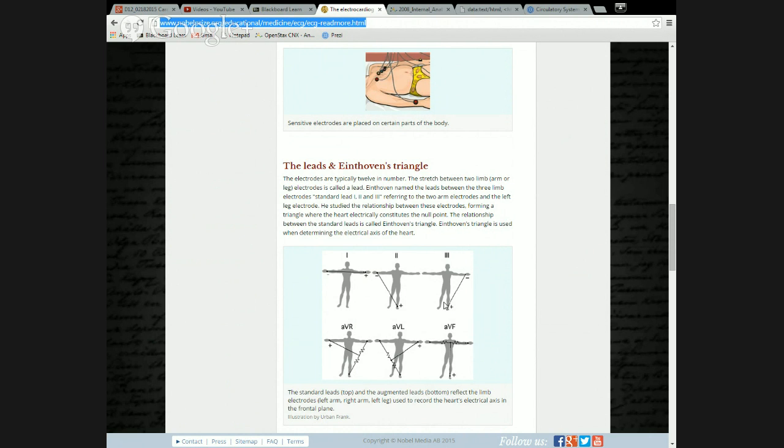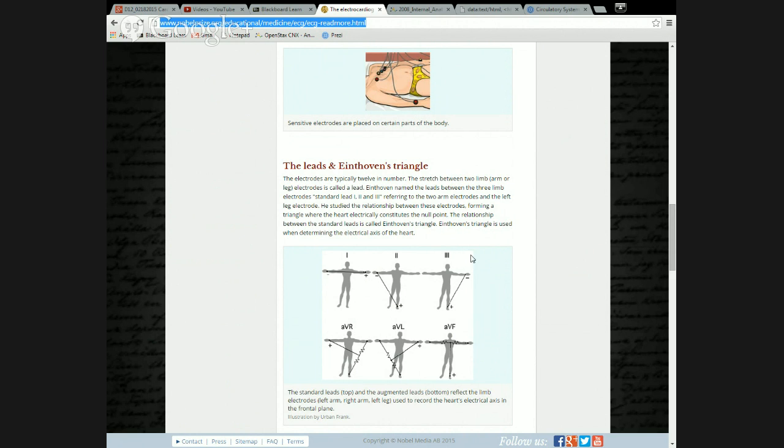And so when we talk about the EKG trace, which I showed you a little bit ago, that's the recording we would see comparing the right arm and left leg electrodes, the standard lead number 2. All of those events, the P wave, the QRS complex, the T wave, occur no matter how we look at it. They just look different with all the different comparisons.